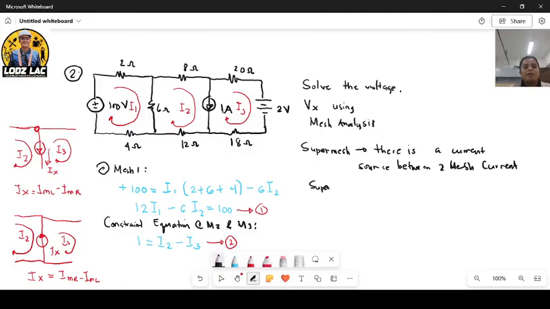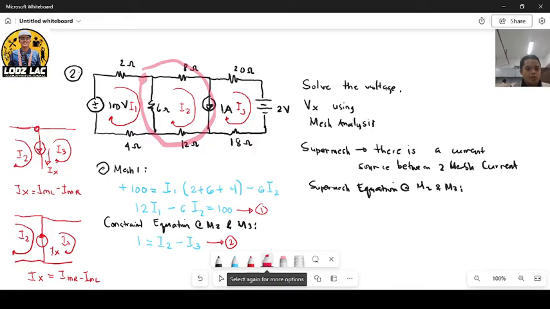So, solving for the supermesh equation, we still refer to mesh 2 and mesh 3. This is how to do it: first you refer to mesh 2.